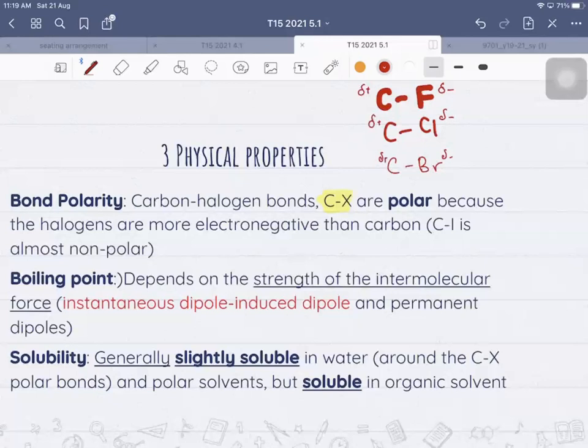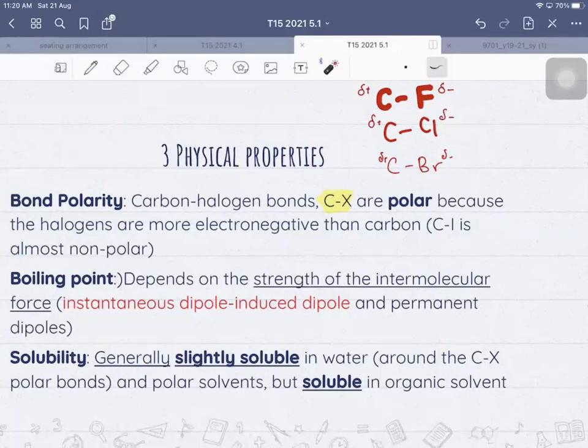Okay, now when we talk about polarity, we are essentially talking about the difference in electronegativity between the two atoms. The most common mistake made by students is that they add up the electronegativity values. Okay, you never add them up, you take the difference.